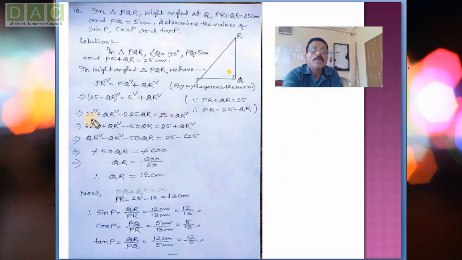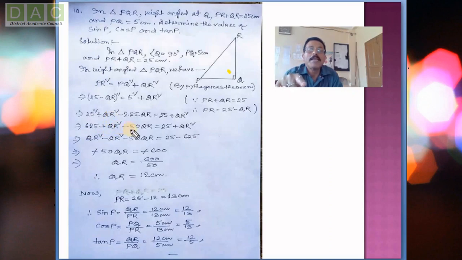Now apply the simple formula, (A minus B) whole square: A² plus B² minus 2AB. Here A is 25 and B is QR. So you will get this line. And 5² means 25, and QR² as it is, you write plus QR². Now 25² is 625 plus QR².